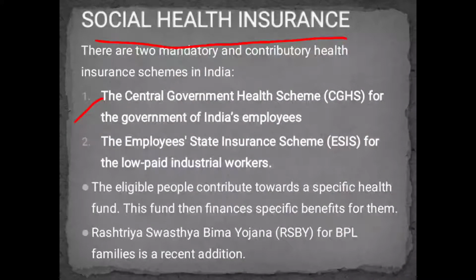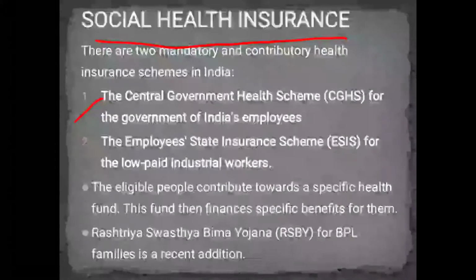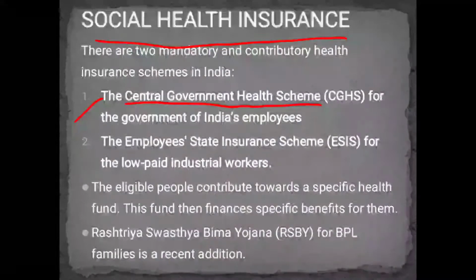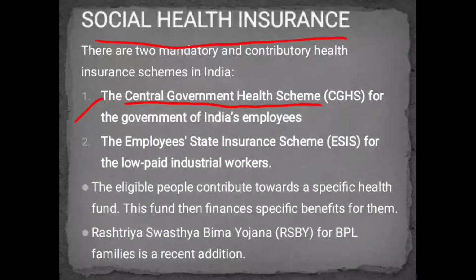The Central Government Health Scheme for the government of India's employees. Whoever are employed in the government, having a government job, they have the Central Government Health Scheme. When they fall sick, they are looked after by this, and further explanation of this scheme we will deal with in detail.